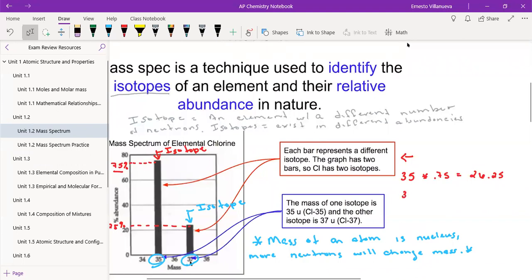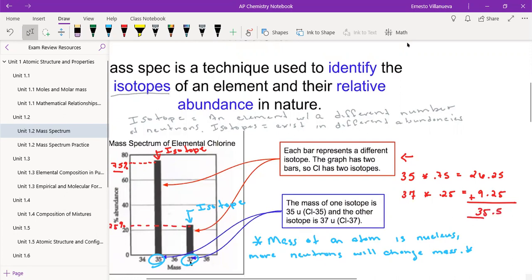Then I'm going to take 37 and multiply that by 0.25. We get 9.25. And if I add those together, I'm going to get 35.5.